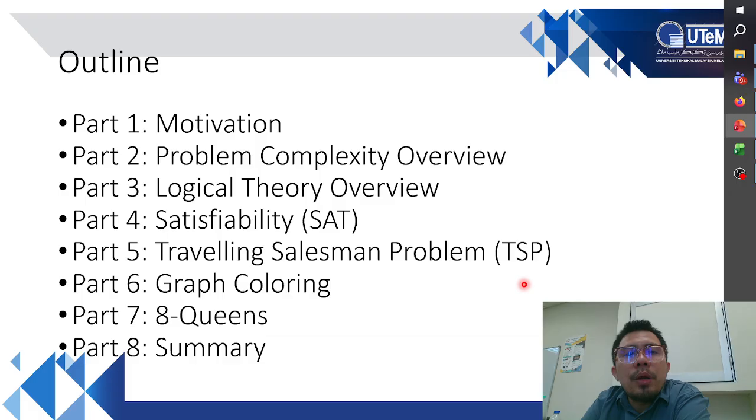For part 4, we'll describe the satisfiability of SAT. Part 5 is the traveling salesman problem, so we will learn about the implementation of NP problems in the TSP problem. Part 6 is implementation of SAT in graph coloring.